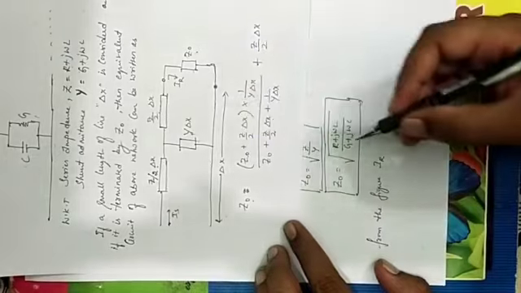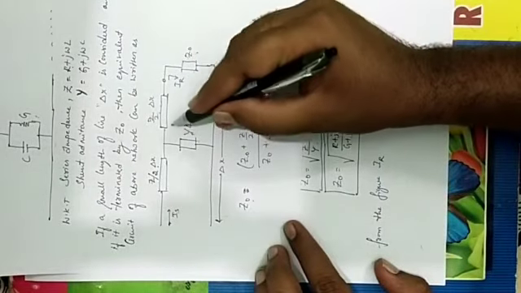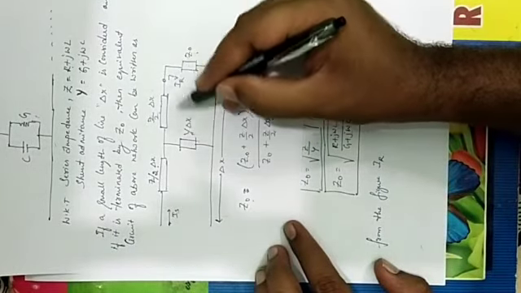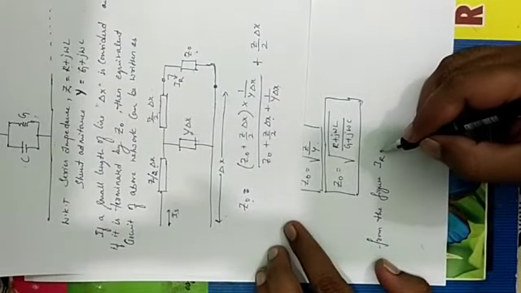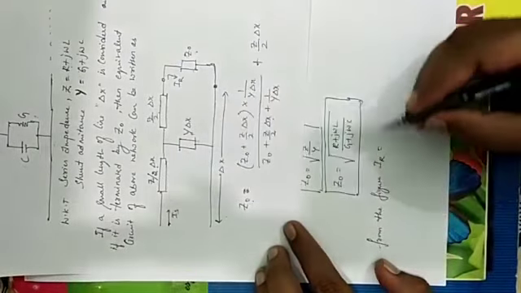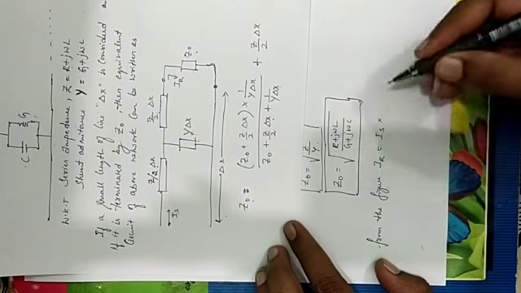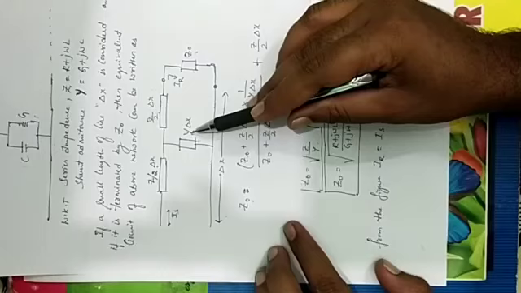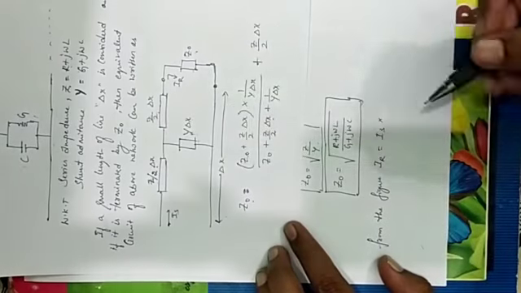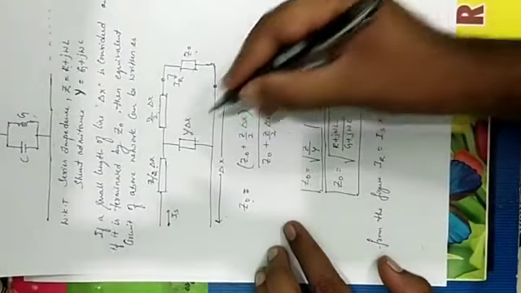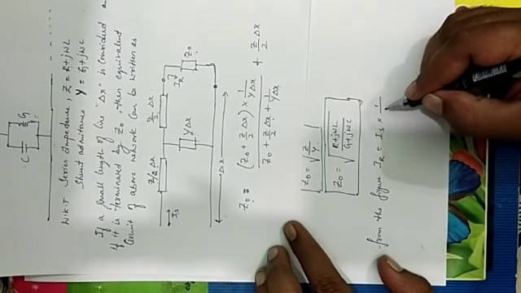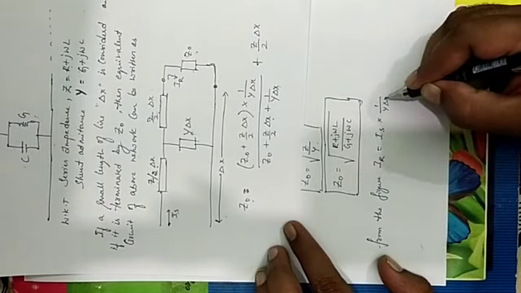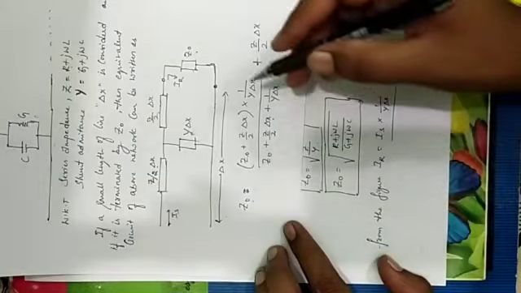Branch current, let us say the branch current IR flows through this path as well as this path. Branch current is equal to the main current IS into the impedance of the opposite branch. Impedance of the opposite branch is Y delta X. 1 over impedance is 1 over admittance, so 1 divided by Y delta X, divided by total impedance.